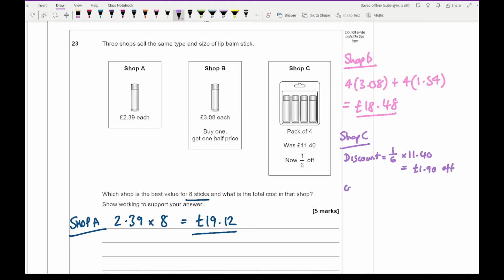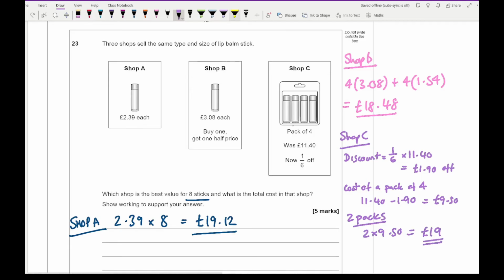So the cost of a pack of 4 is going to be £11.40 minus £1.90, which comes to a total of £9.50. I'm going to need 2 packs, so that's 2 times £9.50, which comes to a total of £19.